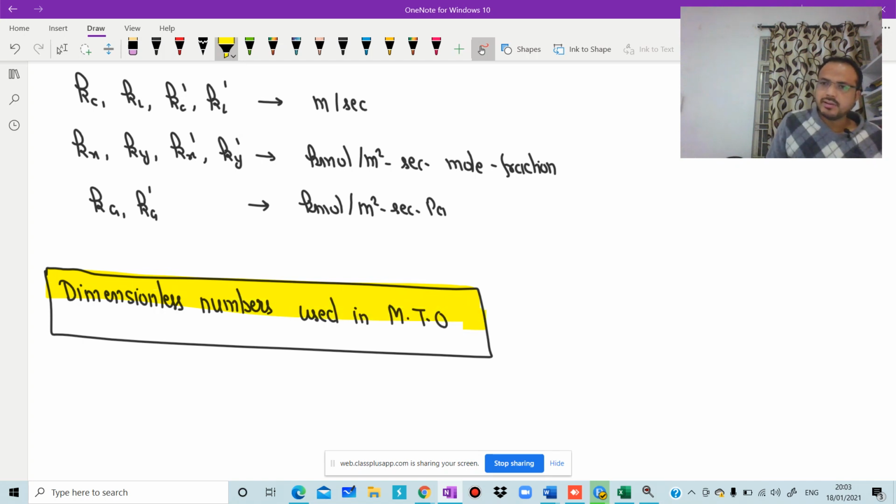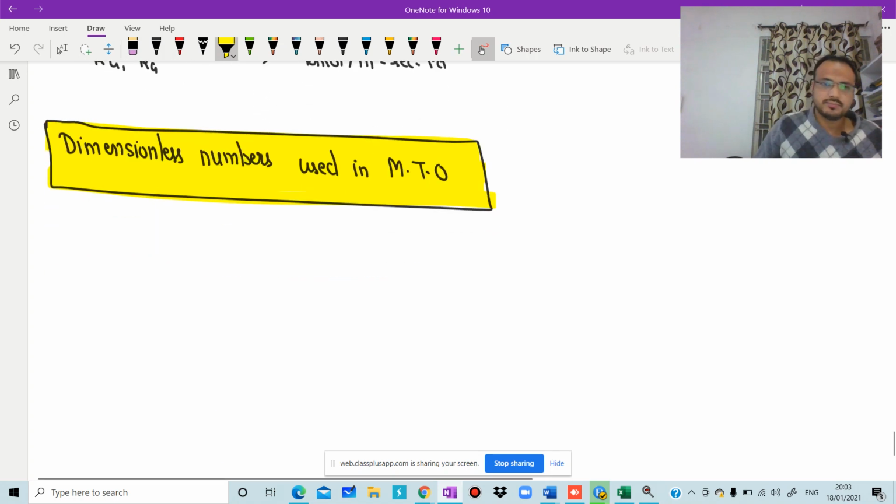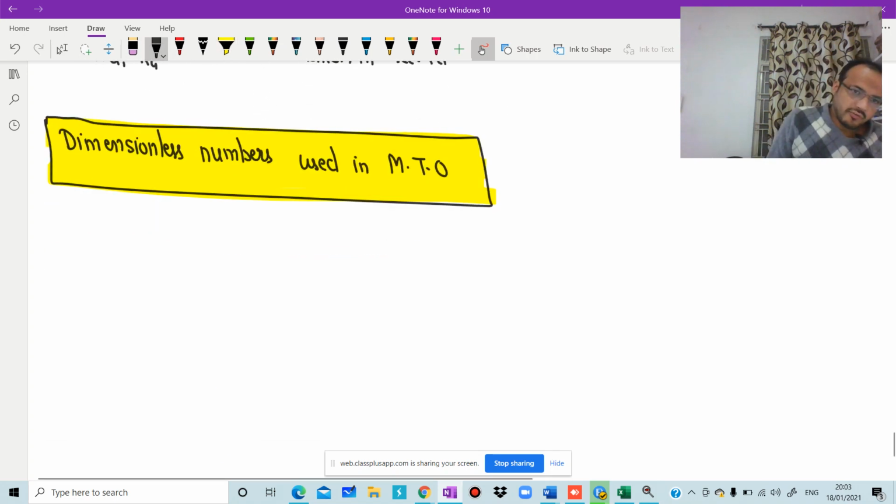There is one table in Treybal book, so I will cover that table. The numbers in heat transfer as well as in mass transfer. Write down the first one.